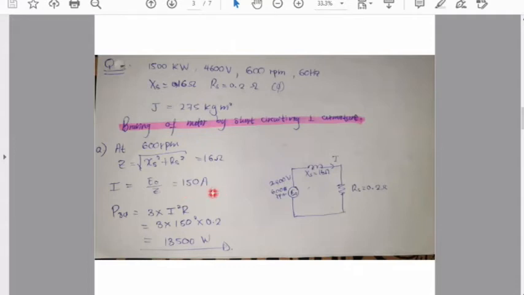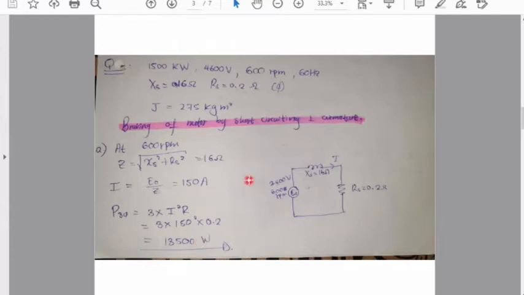We are required to calculate the power. So you're going to say P is equal to 3 times I squared times R. So it will be 3 times 150 all squared multiplied by 0.2, and this is the value that you get.